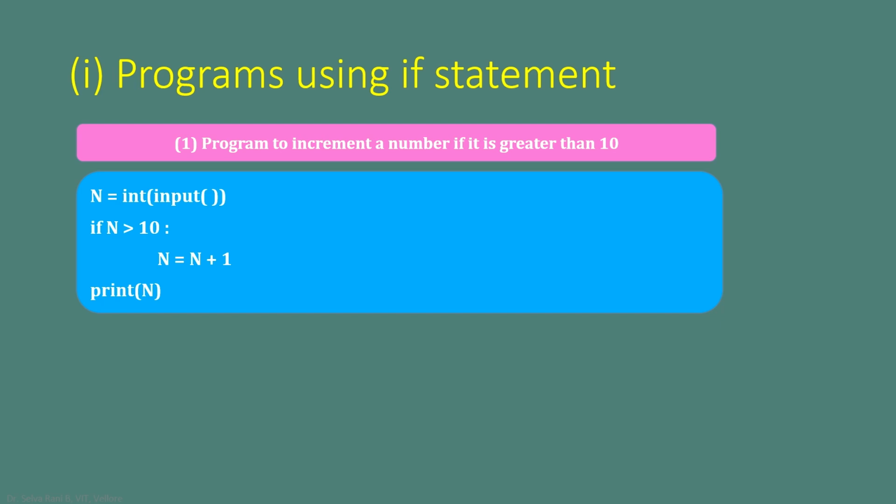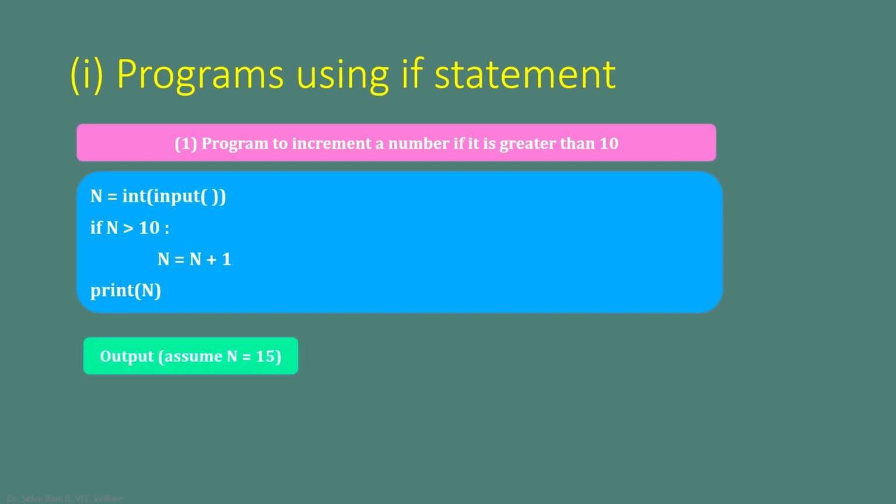After reading a value in n, we are checking if n is greater than 10. The colon must be followed by a condition, and if the condition is true, the value of n will be incremented by 1. The statement which follows the if construct here is print n, which does not belong to the if construct.